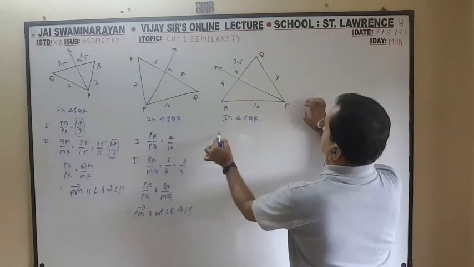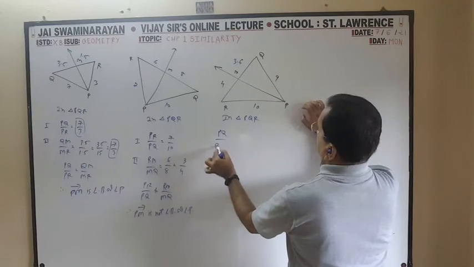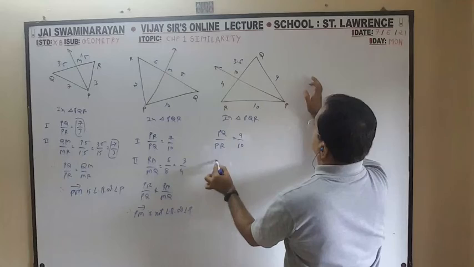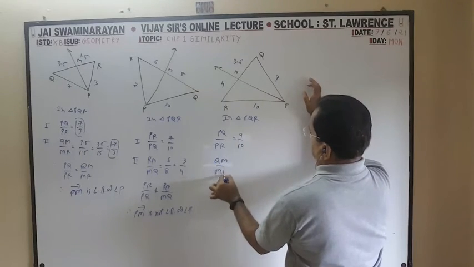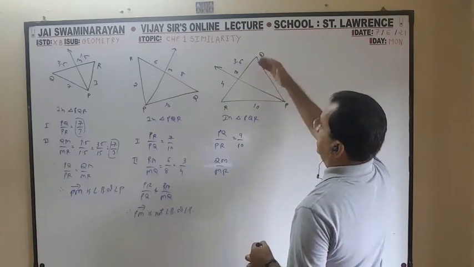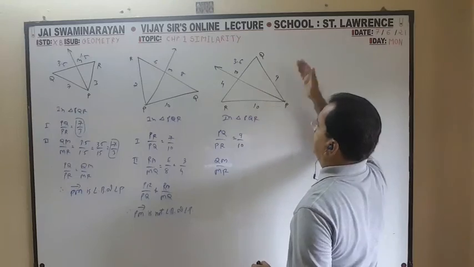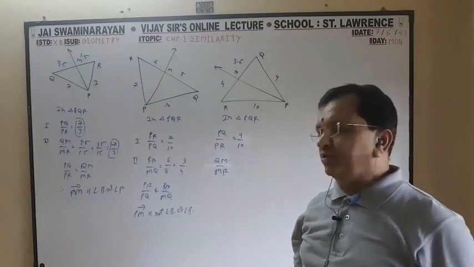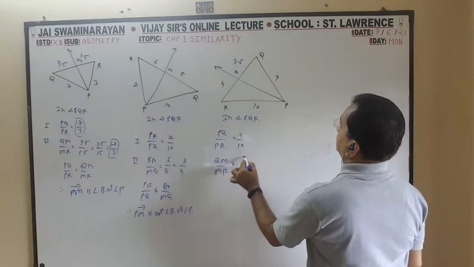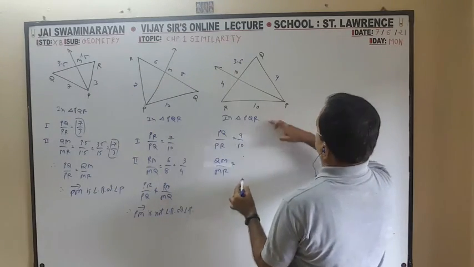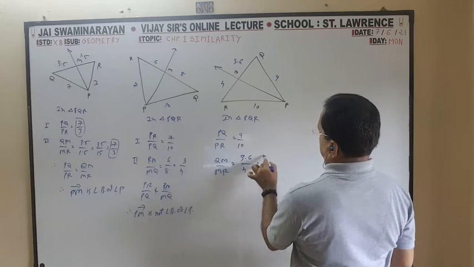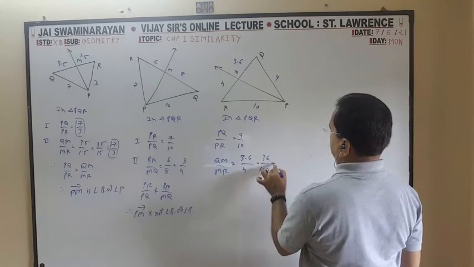Up and down: PQ, PR, 9 by 10, and QN. If you have taken up and down, again you take up and down. If you have taken down and up, again you have to take down and up. Then only you can compare two ratios. Up and down, 3.6, so 36 divided by 40.